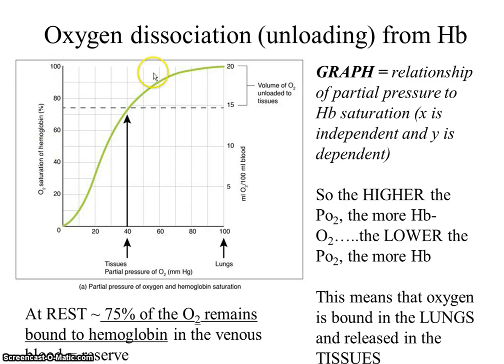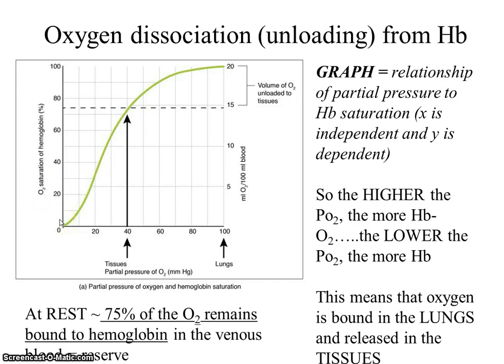If it's 100%, then all four binding sites are taken up. If we're at 75 at this dotted line, then each molecule of hemoglobin in your blood has given up one oxygen. If it's down here at 50, they've given up 2. At 25, they've given up 3. And if we go to 0, they've given up all their oxygen.